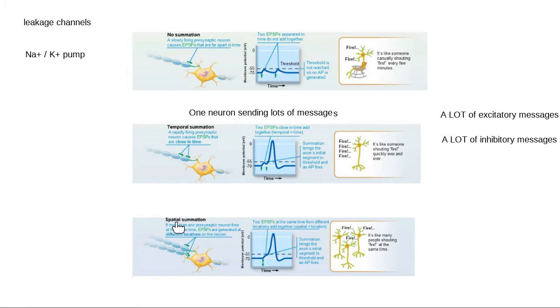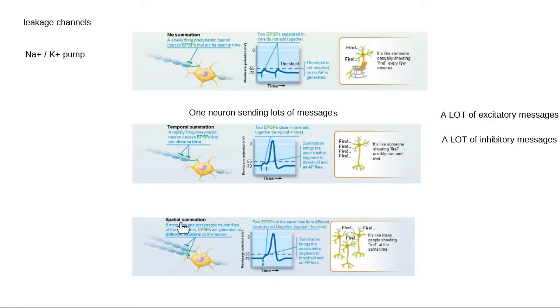When we're doing spatial summation, more than one neuron is talking to our neuron now. So in spatial summation, we are adding messages when we're thinking about the space on a neuron's dendrites, more than one of these spaces is getting messages.